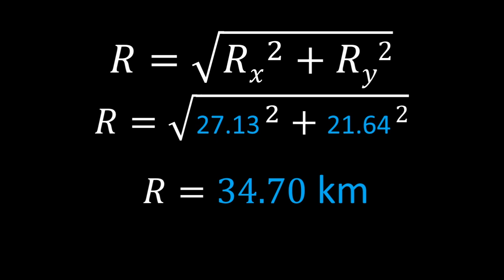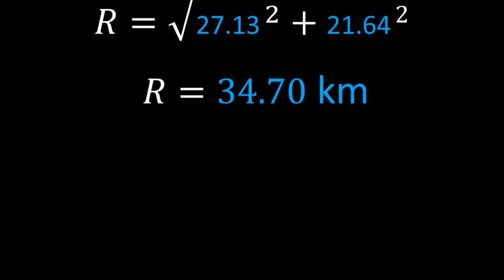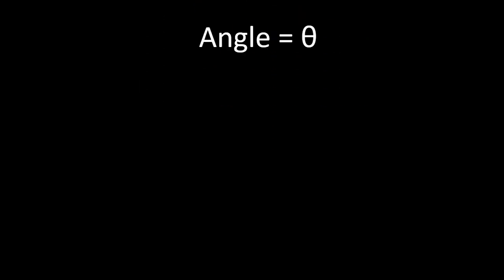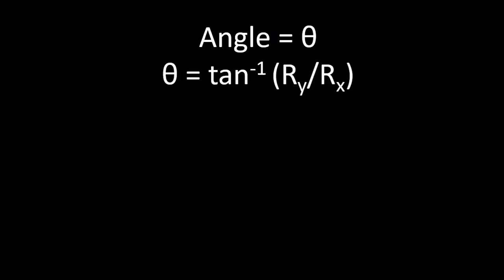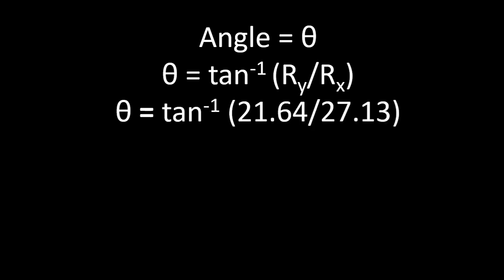We're not finished yet. Let's now compute the angle. We're done with the magnitude. For computing the angle, we use the arc tangent, or tan negative 1, of Ry divided by Rx.